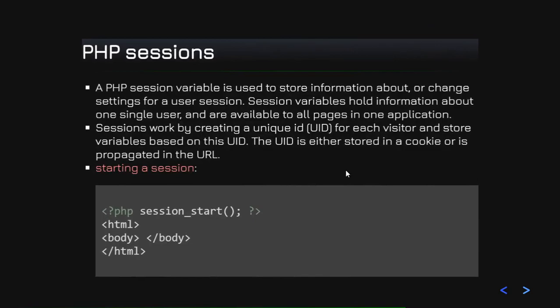PHP sessions are just wrappers over cookies. They are used in order to create a session, to relate different HTTP requests to the same human user. For each session, the PHP interpreter generates a unique ID.